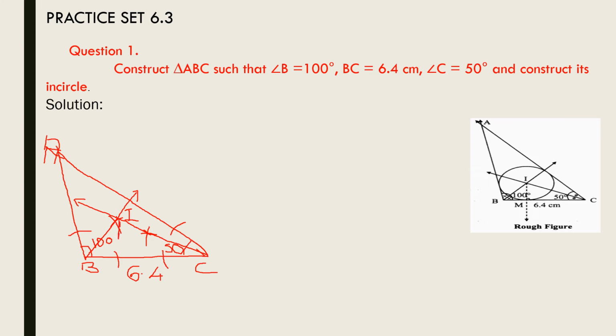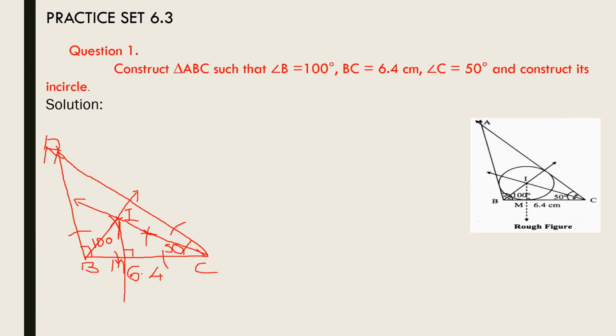Draw the perpendicular IM here with I as the center, and IM is perpendicular to BC. And with I as the center and IM as the radius, draw a circle.